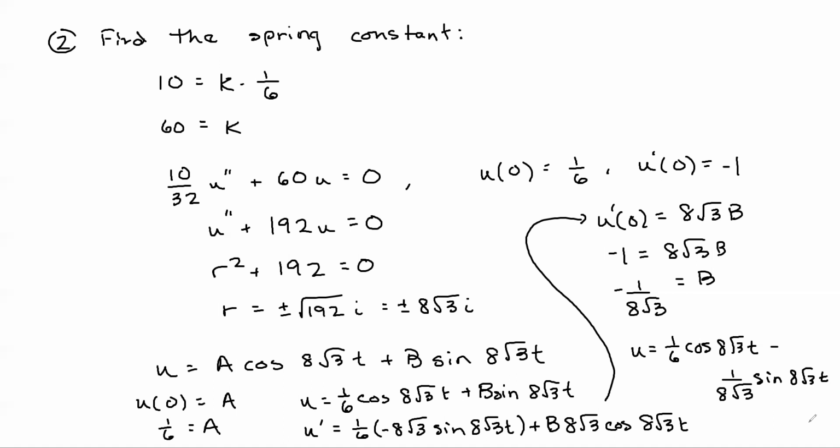To use that result, you need to use two equations: a squared plus b squared equals r squared, which enables us to get r, and tangent of delta equals b over a, which enables us to get delta. All right, starting with a squared plus b squared. A is 1/6, so we get 1/36.